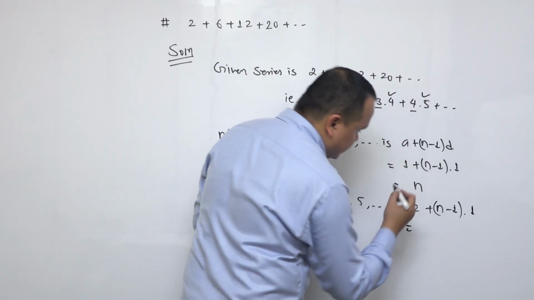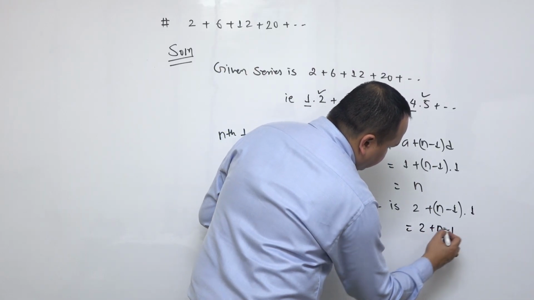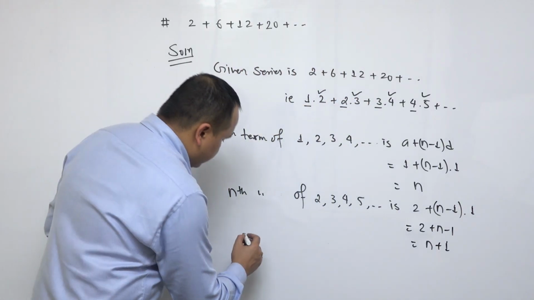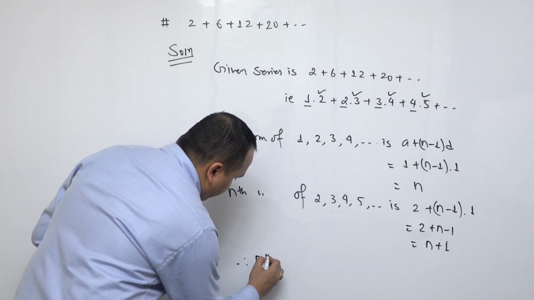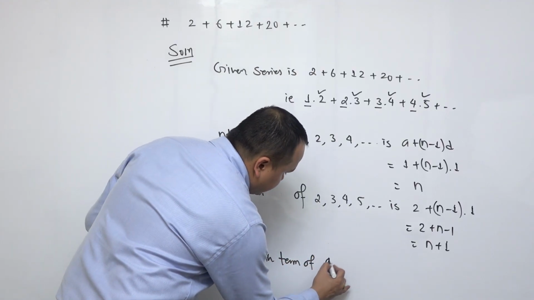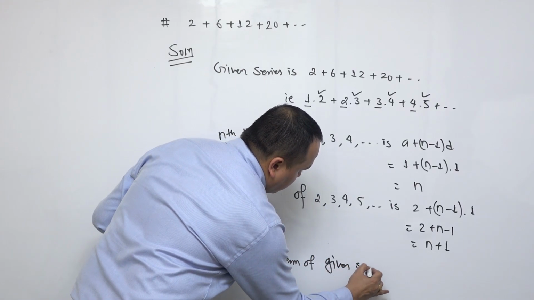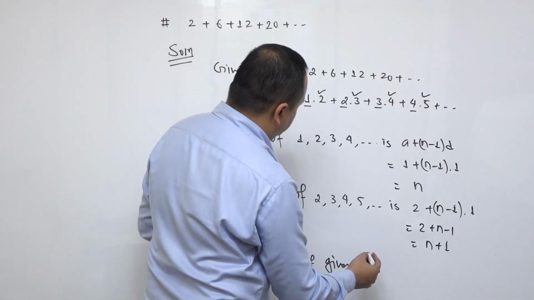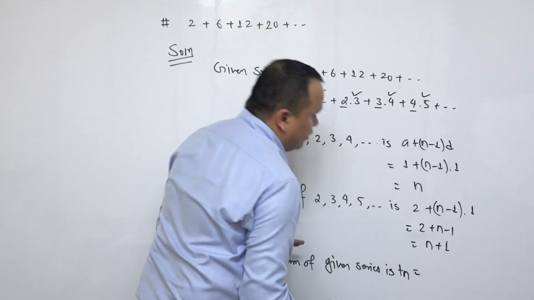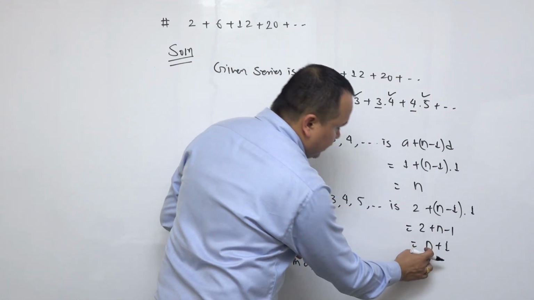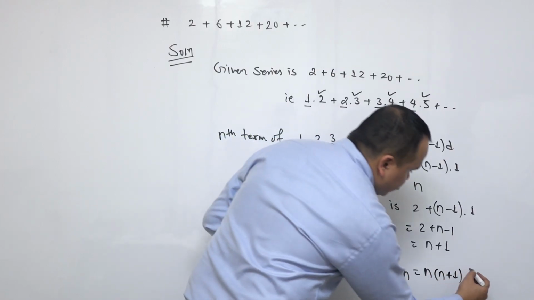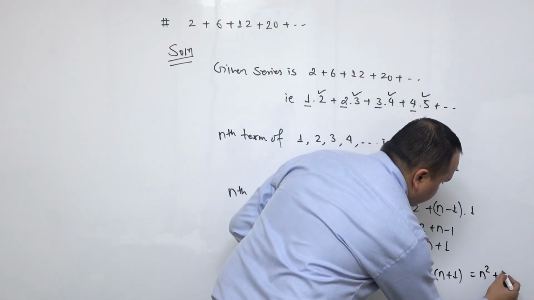So it becomes 2 plus n minus 1, which is n plus 1. Therefore, the nth term of the given series is Tn, which is n into (n plus 1), which is n square plus n.